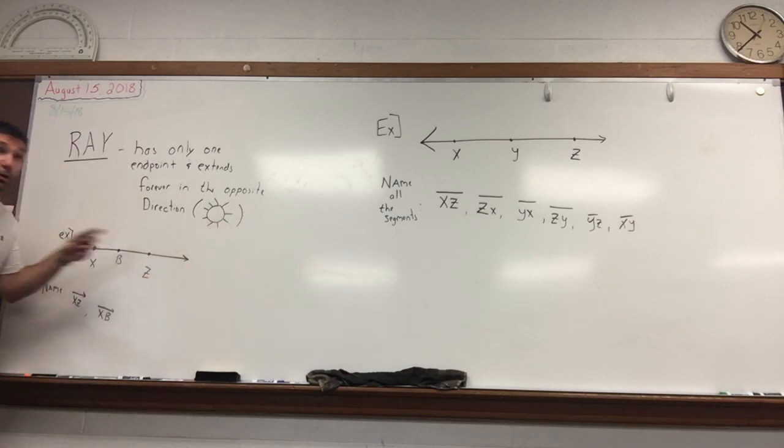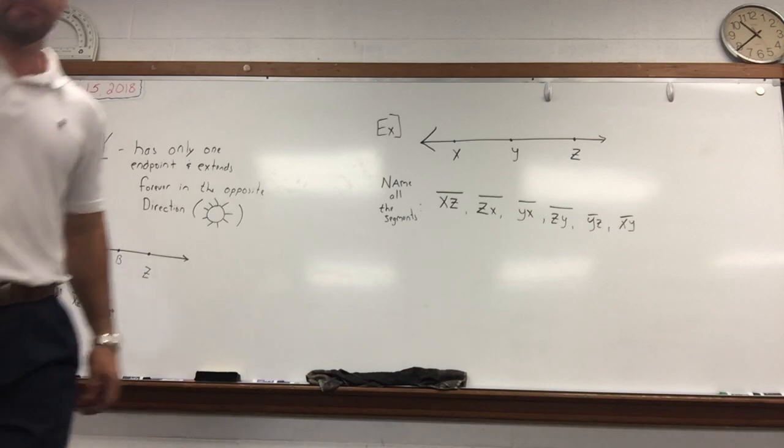It's still going. Will it go through Z? So XZ, which still passes through B, is the same as XB, which passes through Z. Either of those are correct. Everybody with me? Okay. I think we are down to like 35 seconds left. I want you to make sure that you put your notes in your binder. Great job today.